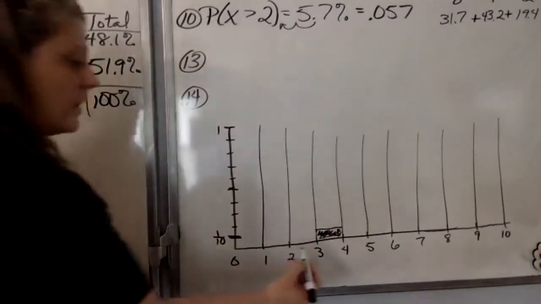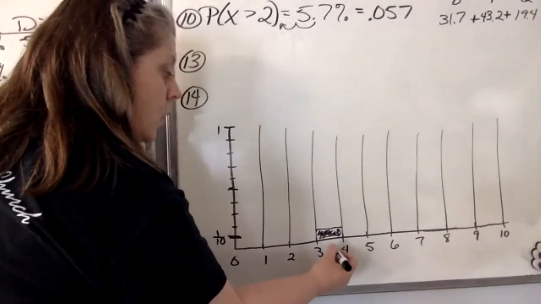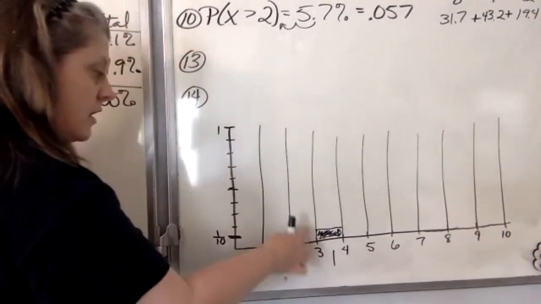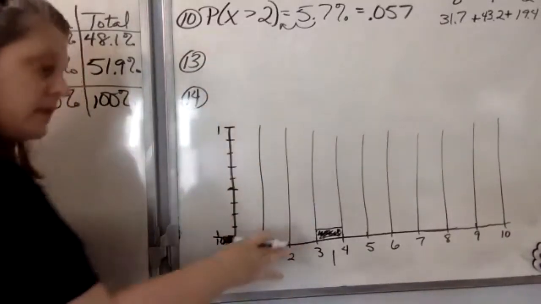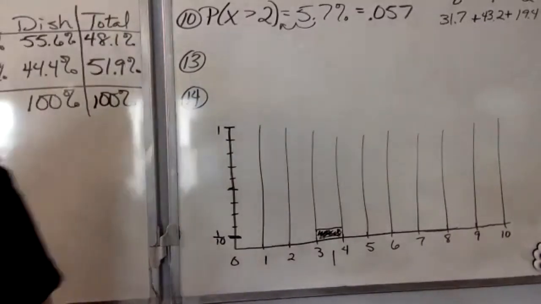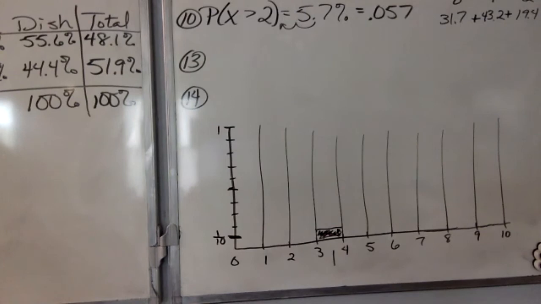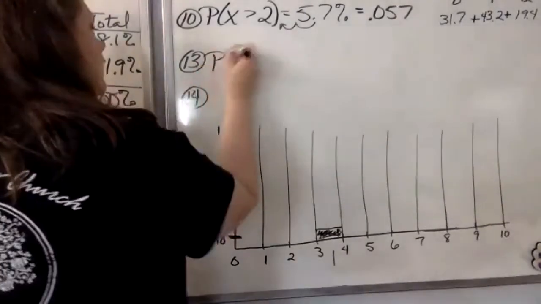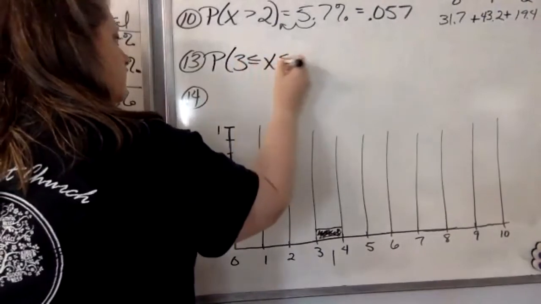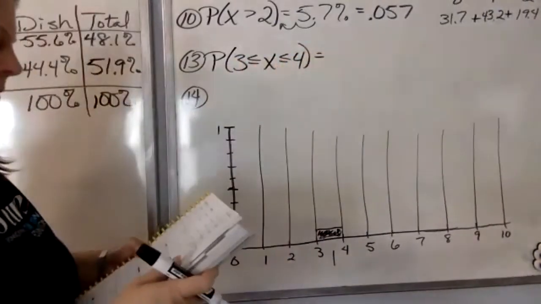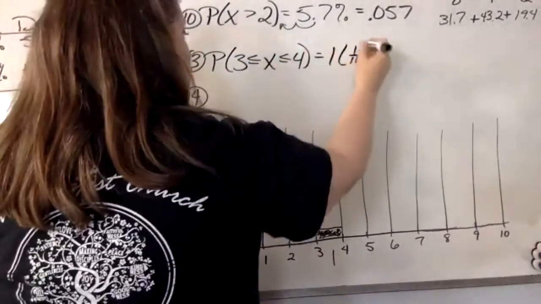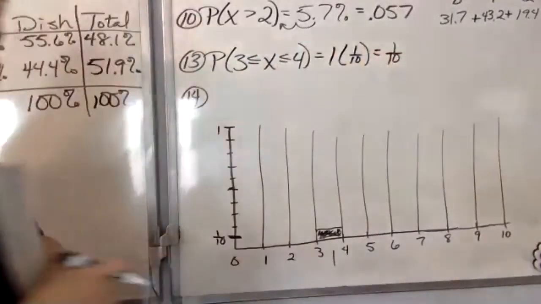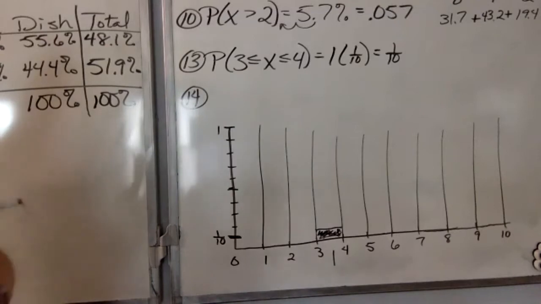Our length from 3 to 4 is 1. And our height going up here is 1/10. So the probability that it's between 3 and 4 is your length times your width, which is just 1/10. So that's using the uniform probability distribution.